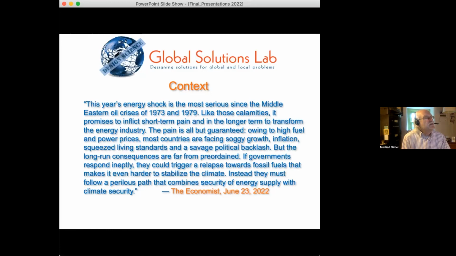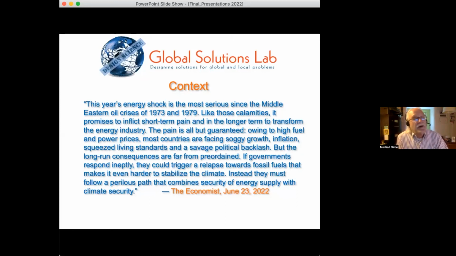But the long-run consequences are far from preordained. If governments respond ineptly, they could trigger a relapse toward fossil fuels that make it even harder to stabilize the climate. Instead, they must follow a perilous path that combines security of energy supply with climate security.